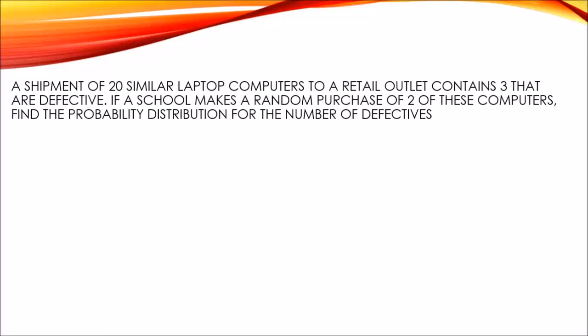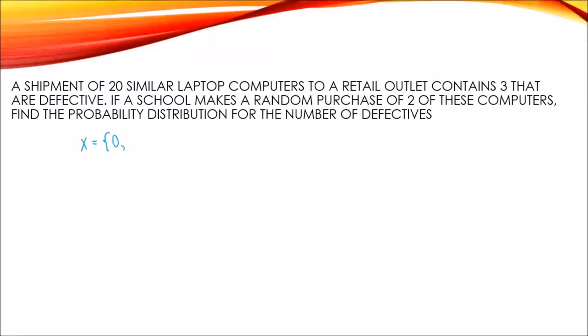Okay, so our random variable would be x equal to the number of defective laptops that we get out of those 20 laptops. So there's a chance that we will not get a defective laptop.